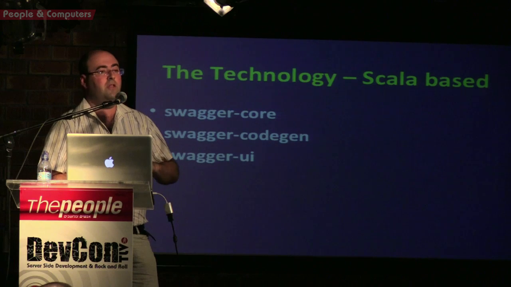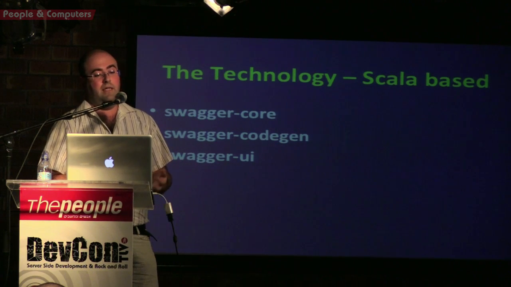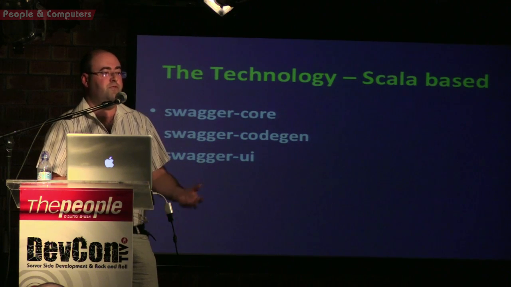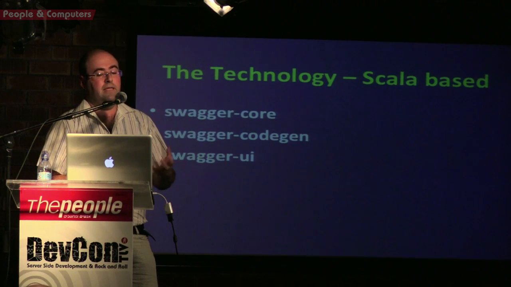From a technology perspective, the base of the framework is Scala code, and it has three basic building blocks. There is Swagger Core, which is the actual implementation of the framework. There is Swagger CodeGen, a set of utilities to generate client-side code.